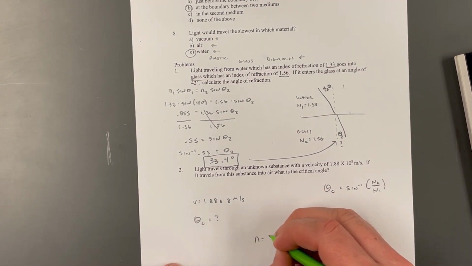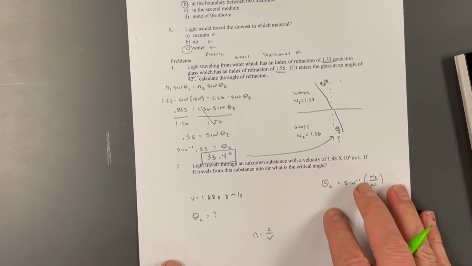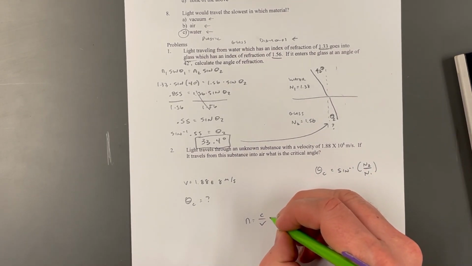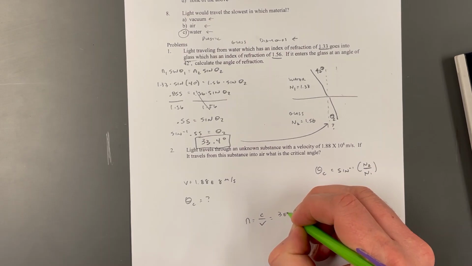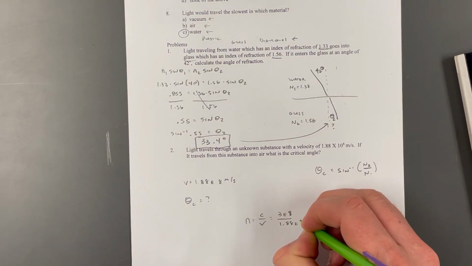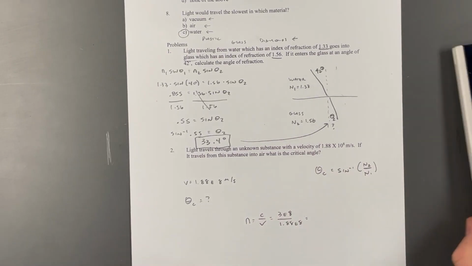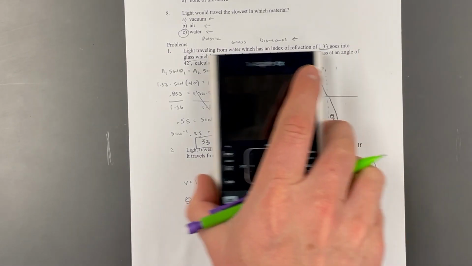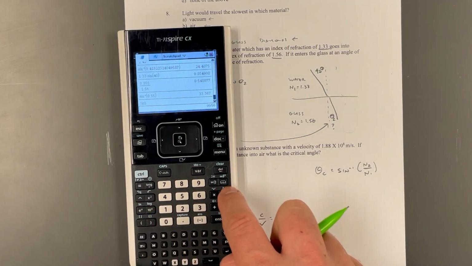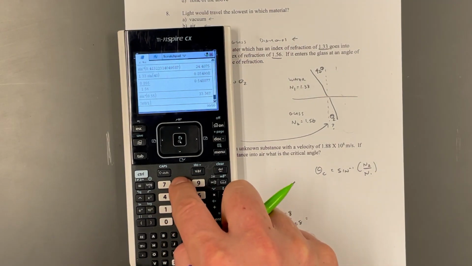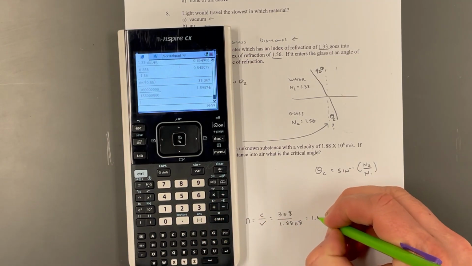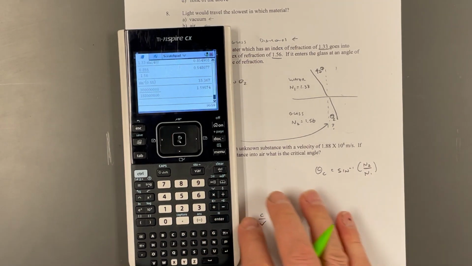We're going to do that with n equals c over v. N equals c over v is going to be 3 times 10 to the 8th over 1.88 E8. That's going to give us the unknown value. So if we do 3E8 divided by 1.88 E8, we get 1.59 as the n value.